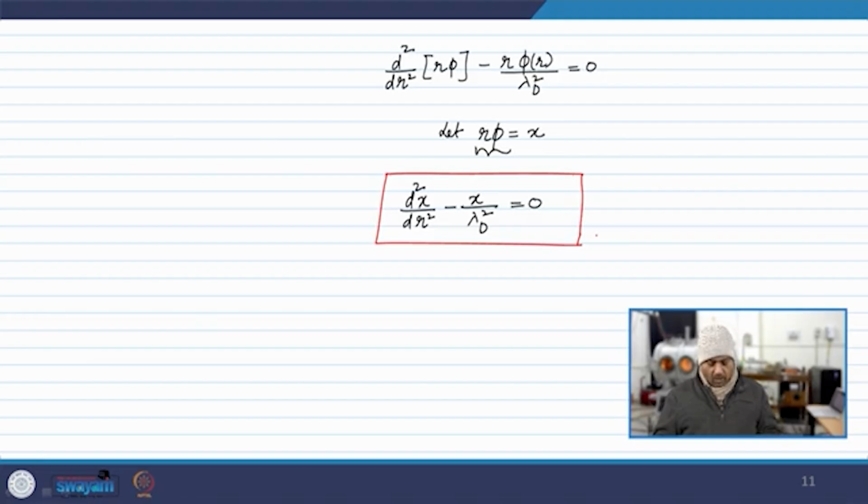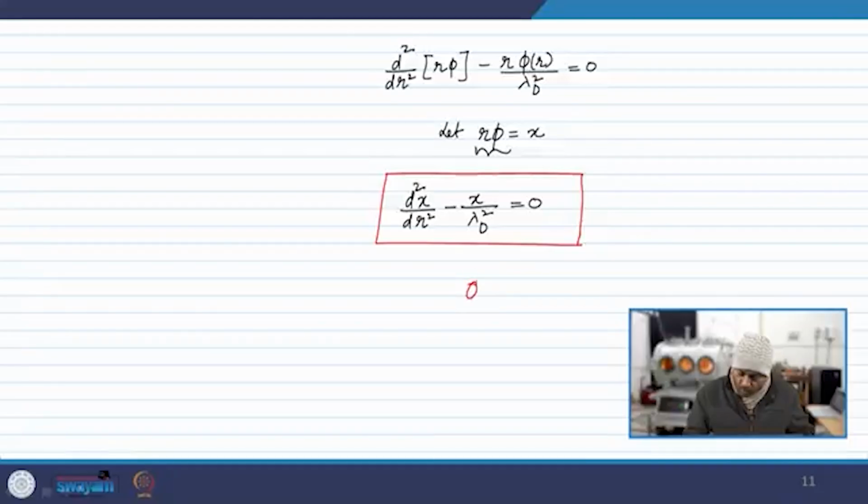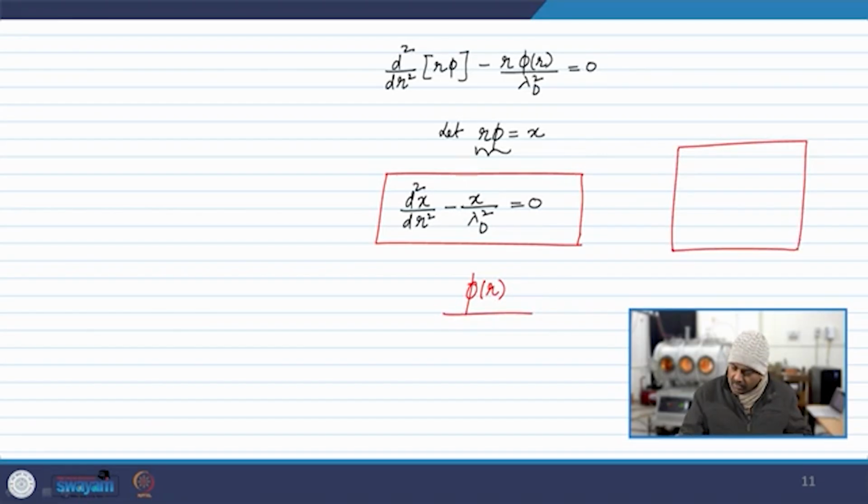Our job is still not done by deriving this equation, but let us try to understand the inference of this equation so that in the next lecture we can solve it and obtain the analytical form of phi of r. Where is this phi of r residing? It is residing inside this electron cloud.